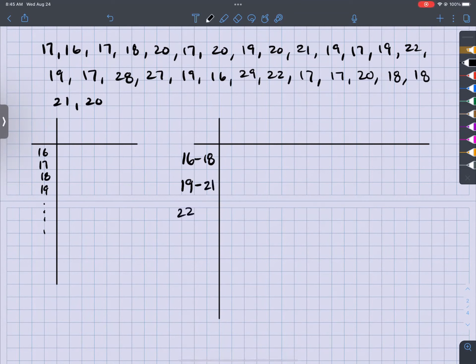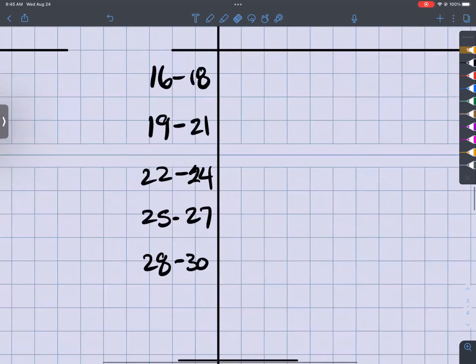Then I start with 22 and it goes to 24. Is it 24? 22, 23, 24, and then 25 to, and then 28 to. Okay, let me rewrite these a little neater, because those are not neat.